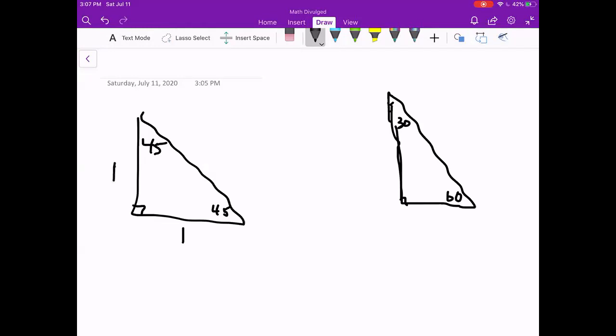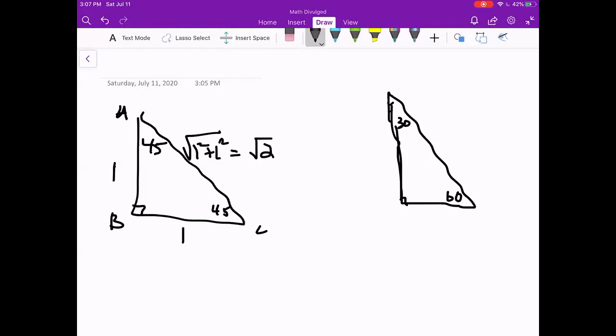In fact, we can denote the vertices A, B, C for the sake of simplicity. So AB is equal to BC because angle BAC is equal to angle BCA, which is equal to 45 degrees. And now we can use the Pythagorean theorem to find that AC is equal to the square root of 1 squared plus 1 squared, which is just the square root of 2.